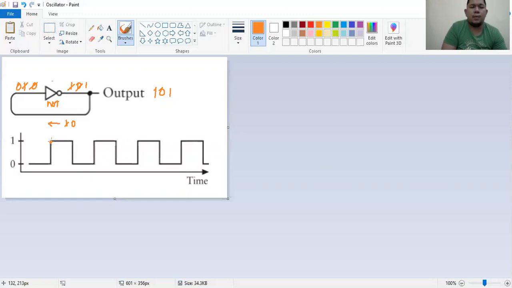Since the input is 0, the output becomes 1 for a while, and then when the output is fed back to the input, the output is inverted and becomes 0 again. This happens for a while, and then another cycle, and the cycle continues. Essentially, that's it.